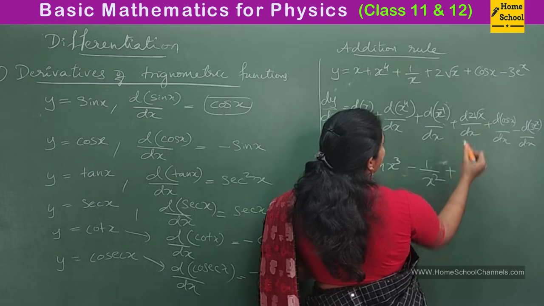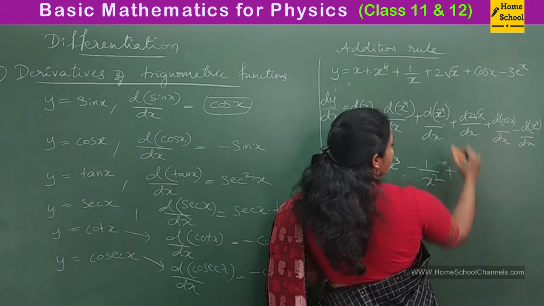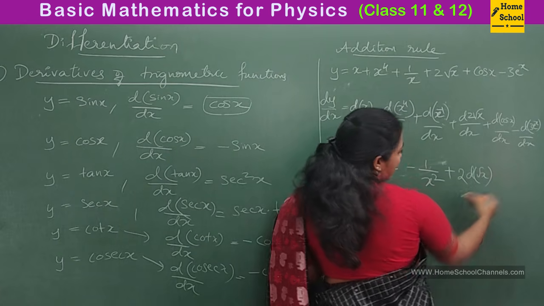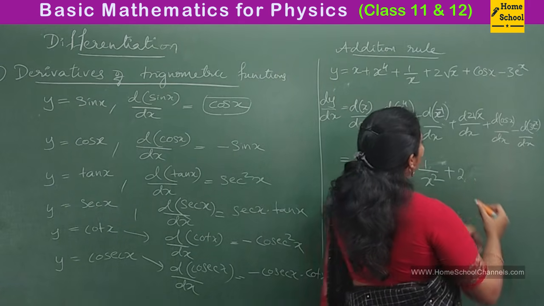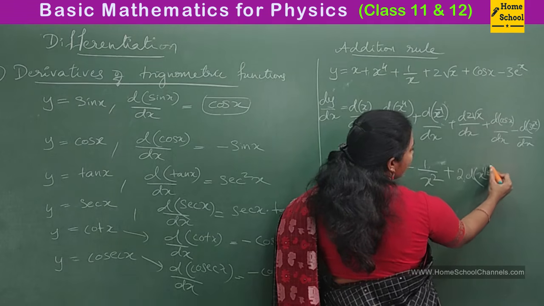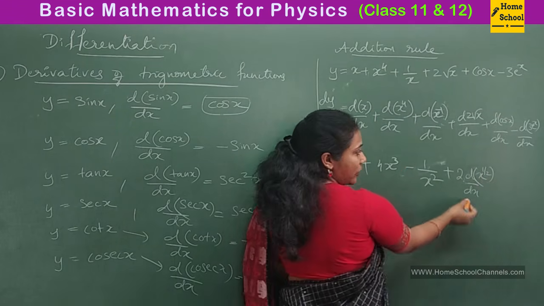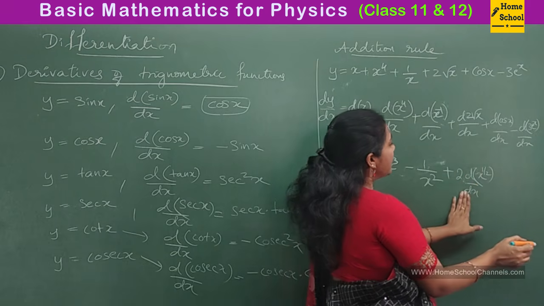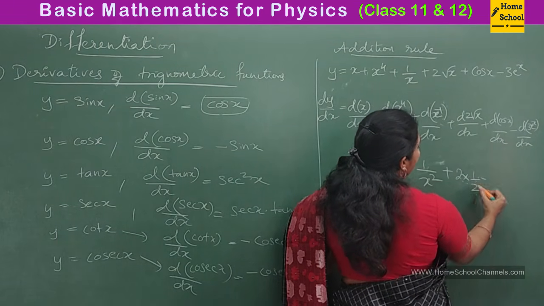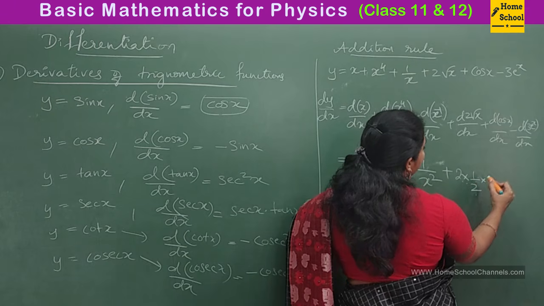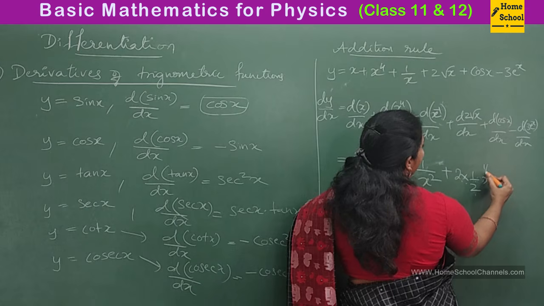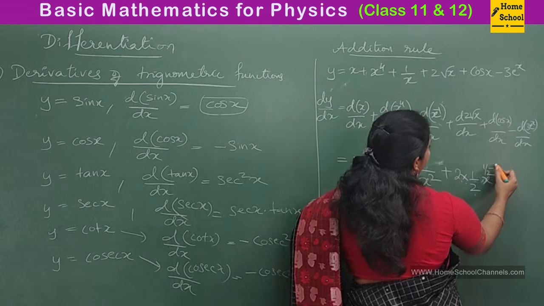And then plus differentiation of 2 into root x. 2 you bring outside and differentiate root x. How do you write root x? Root x you can write as x to the power 1 by 2 with respect to x. You have to differentiate this. So you will write it as 2 into 1 by 2, into x to the power n, that is 1 by 2 minus 1.